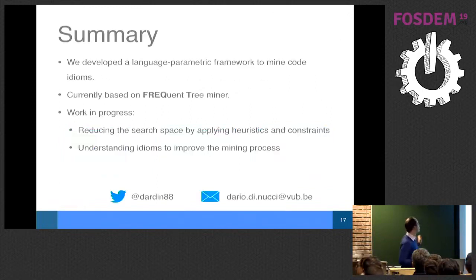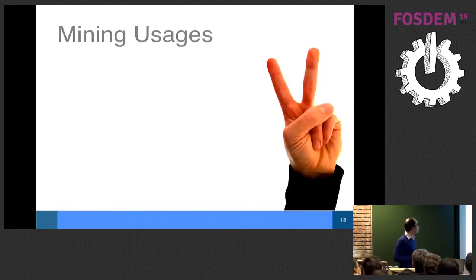So in summary, we developed a language parametric framework to mine code idioms. Now we are running this kind of algorithm, and we are doing some work in progress to reduce the search space, applying heuristics and constraints. And we are trying to understand the real value of idioms to improve the mining process.